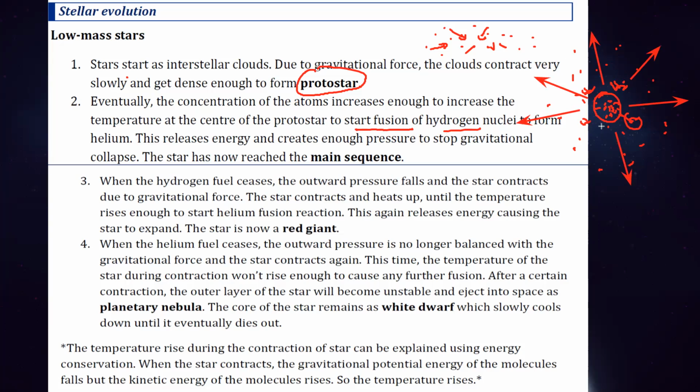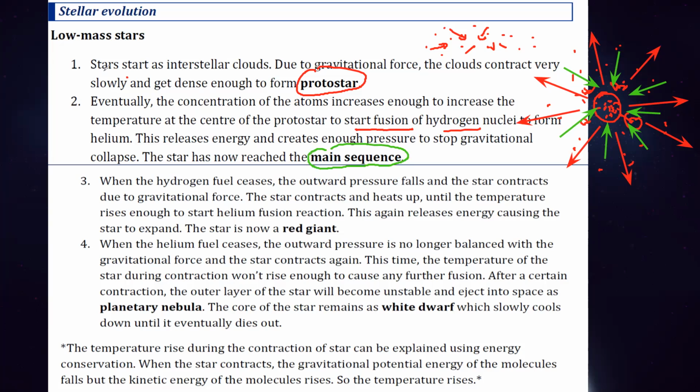That radiation pressure balances with the gravitational force, because of mass there will be a gravitational force. So the radiation pressure balances the gravitational force, and it stops the star from changing size, and that star is known as the main sequence star.